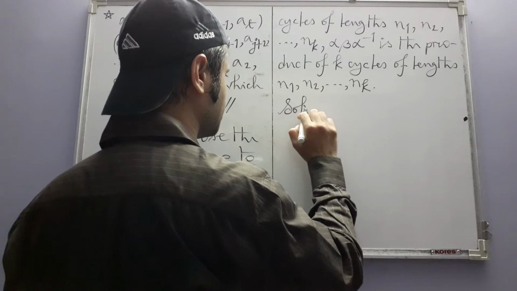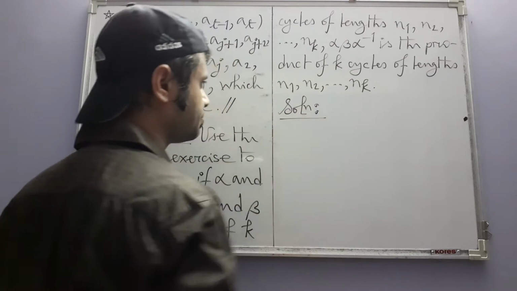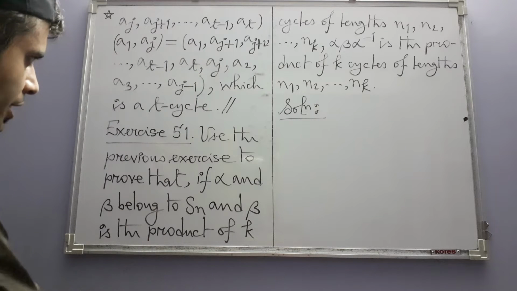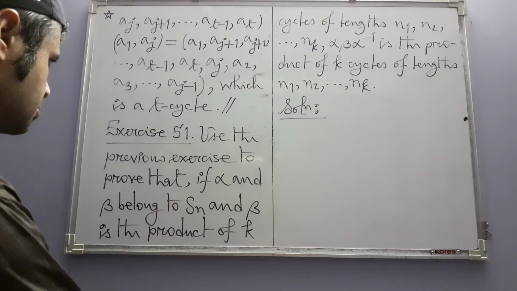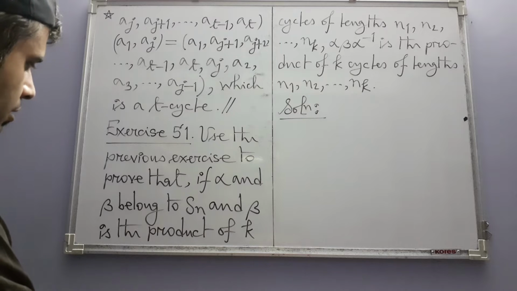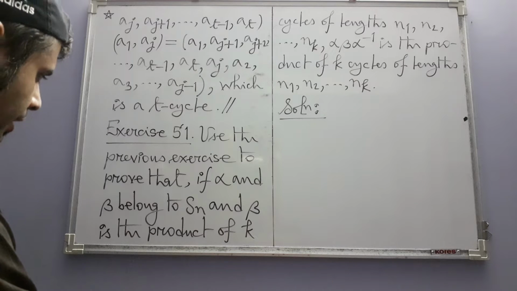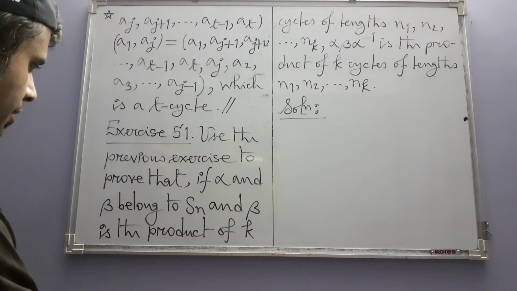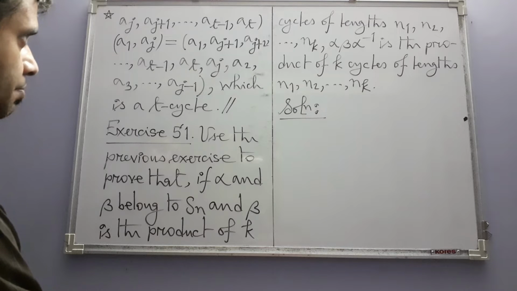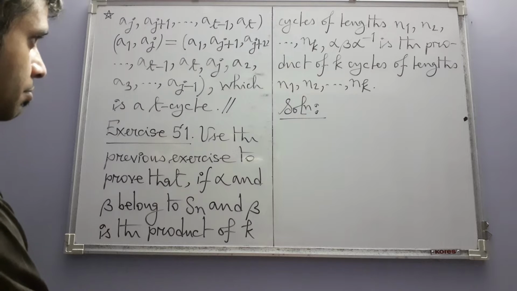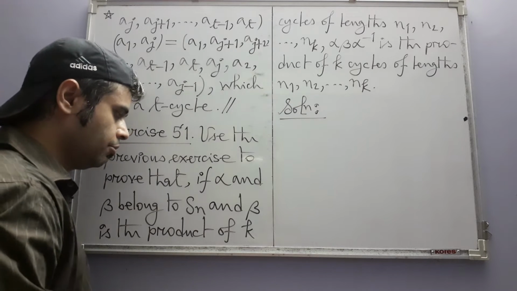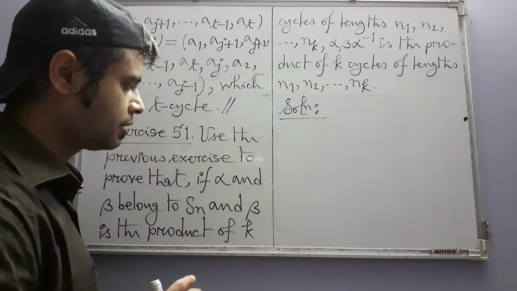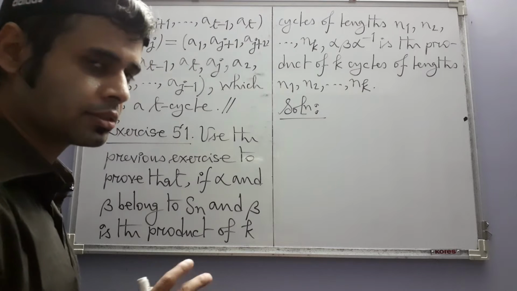So now let's see what we can do for this one. So what is given to us is this. Alpha and beta belong to Sn, and beta is the product of k cycles of lengths. Note that here there are differences, of course.